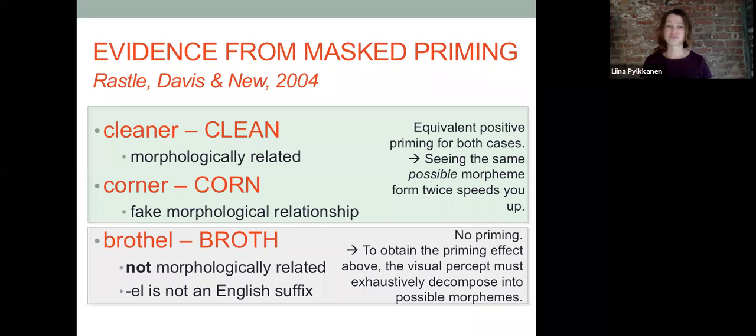And that's really interesting because the amount of form overlap between corner, corn and brothel, broth is the same. However, the fact that corner has this kind of pseudo morphological complexity, it looks like it could be morphologically complex, but it just isn't, seems to be what's critical.